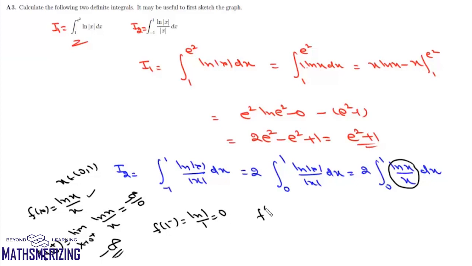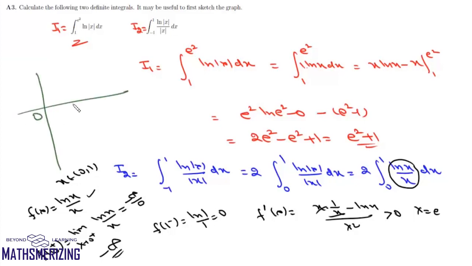Now we'll differentiate this function. If we find f dash x, we can write the derivative of log x is 1 by x, minus log x upon x square. So the critical point here is e. Now between 0 and 1, this value is greater than 0. So that means this function f(x) will be an increasing function. So we'll draw this graph between 0 and 1.